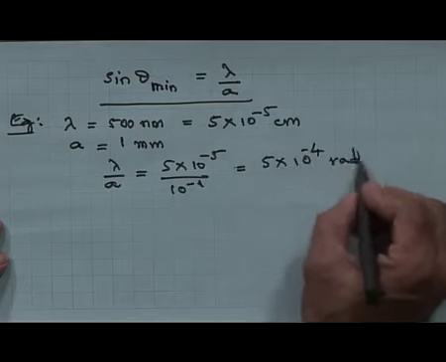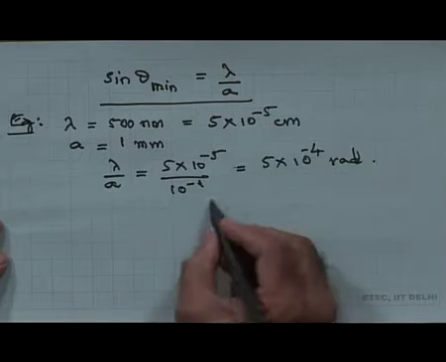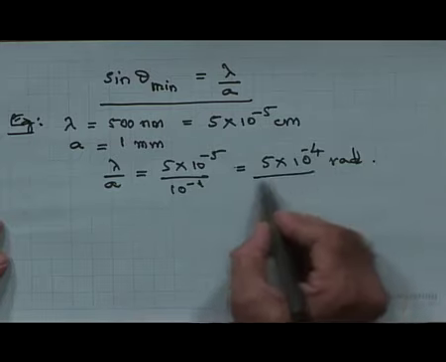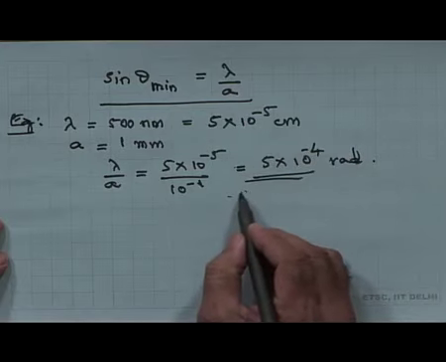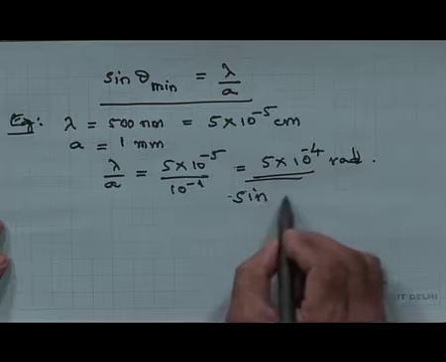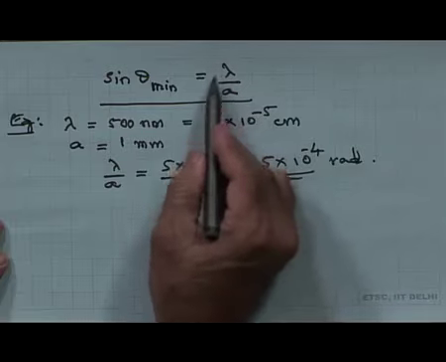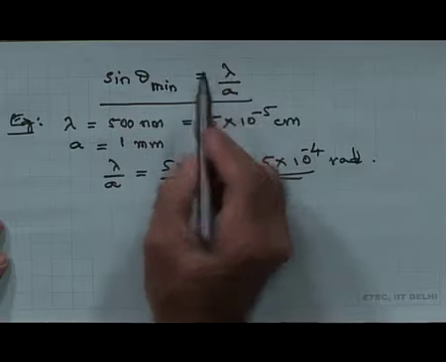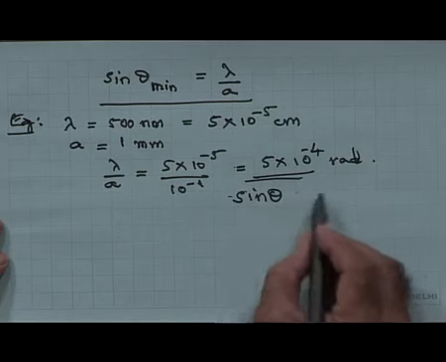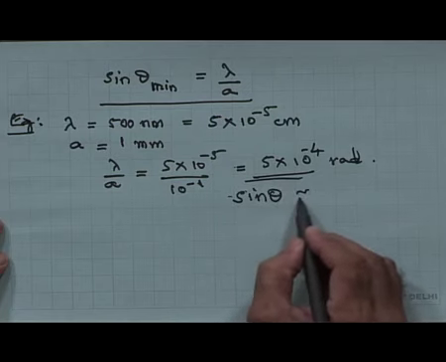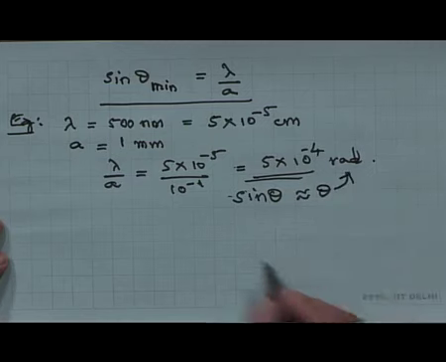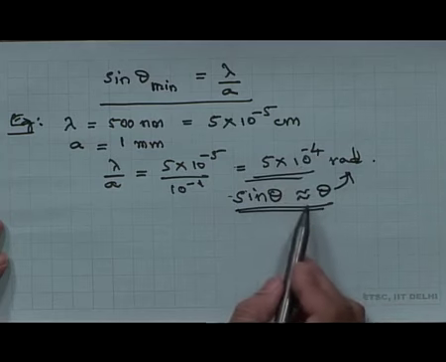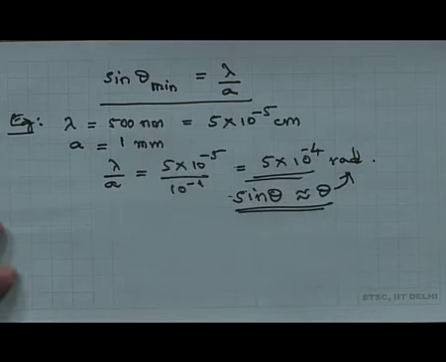This is a very small number, so sin theta is very small. Therefore, we can easily use the approximation sin theta nearly equal to theta, where theta is in radians. This is a very good approximation because sin theta is extremely small.